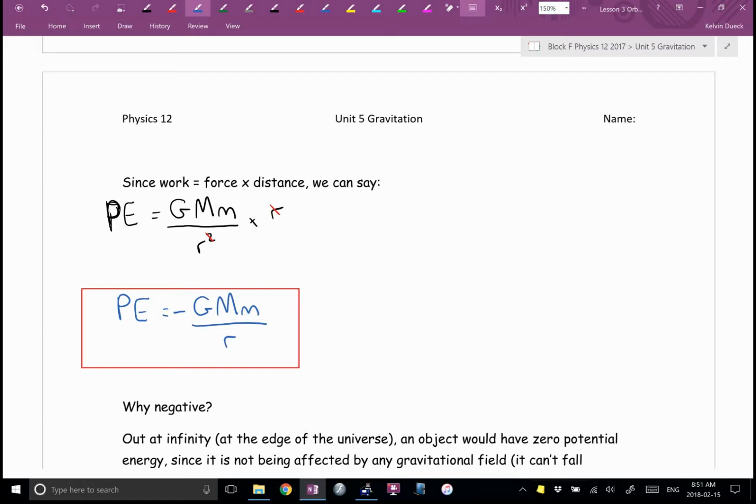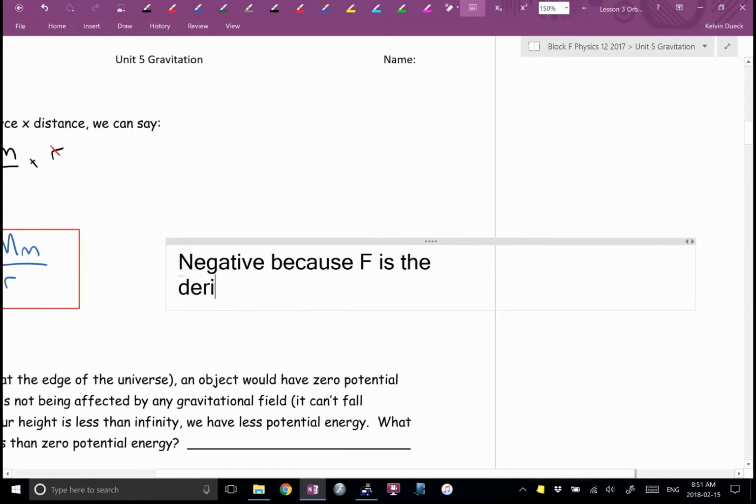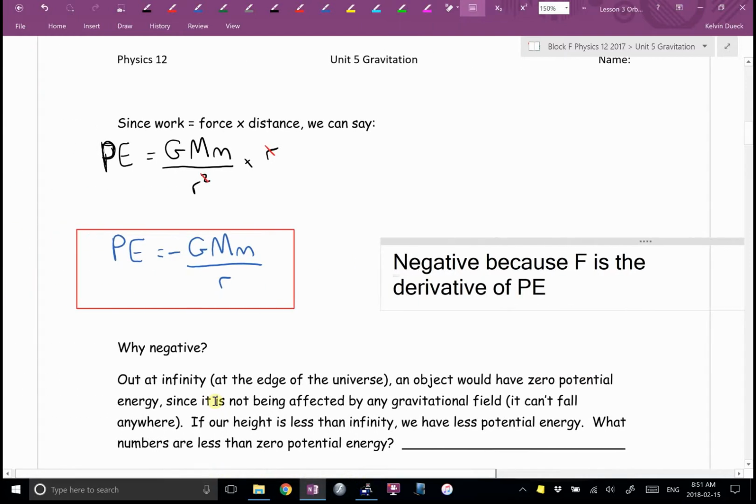Okay. So I wrote here this. Why negative? Negative because F is the derivative of PE. So I can use that for you as calculus students, and that gives us a positive form.